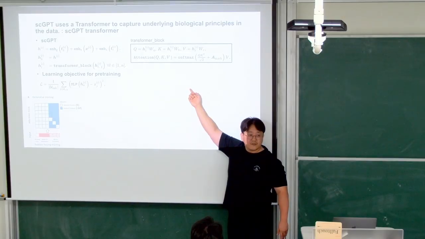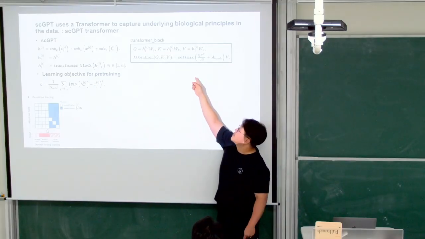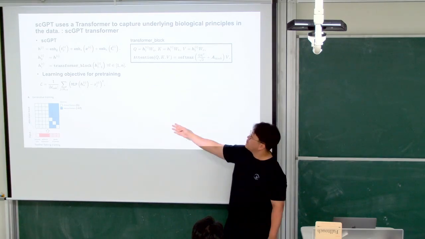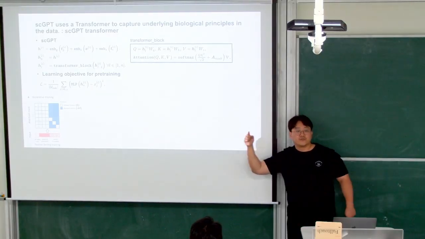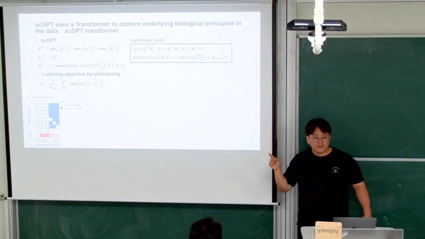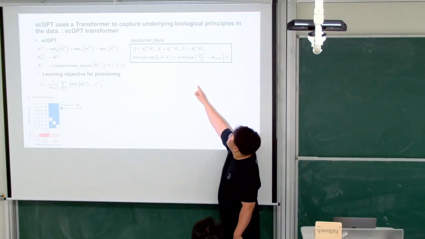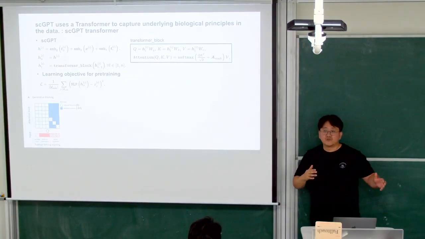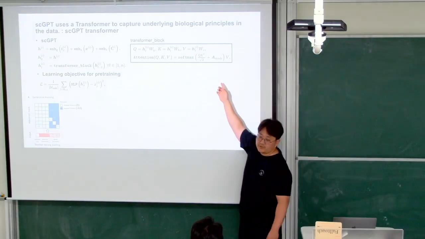You just use the multiplication of Q and K and apply the softmax. But if we put negative infinity, do you remember the shape of the softmax function? Softmax at minus infinity is equal to 0. So this score should be 0.